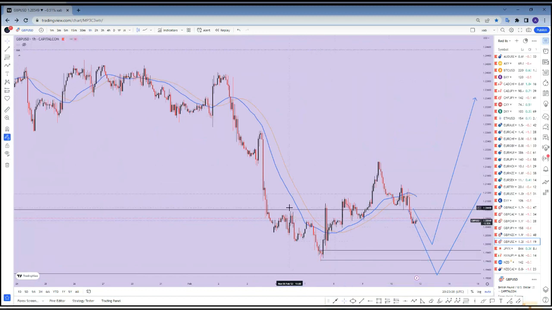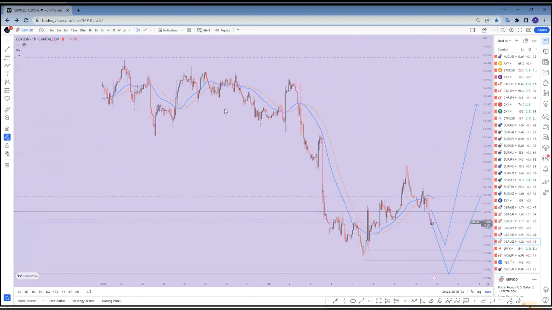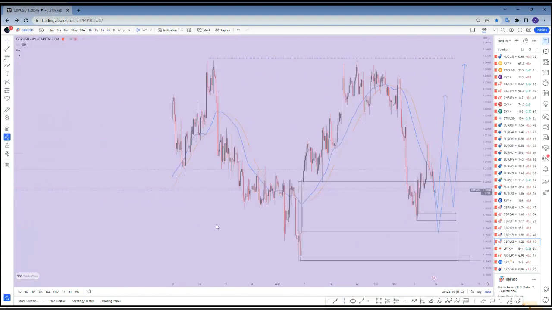This is already looking like a QML, and it can also be seen as an AMD, but I'm not going to break that down. Naturally, I want to see price come into this zone and react. Or if we don't get the reaction that I expect from that zone, then we can naturally just expect, okay, I think I just saw something.